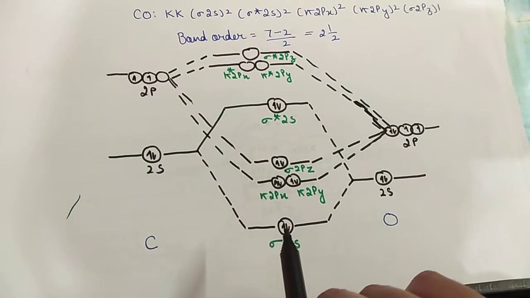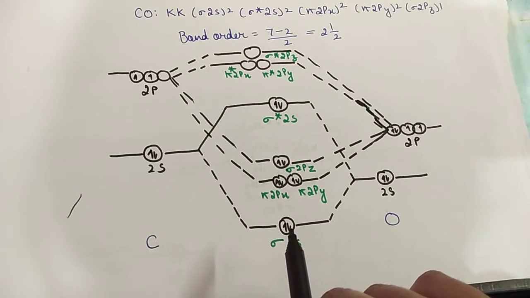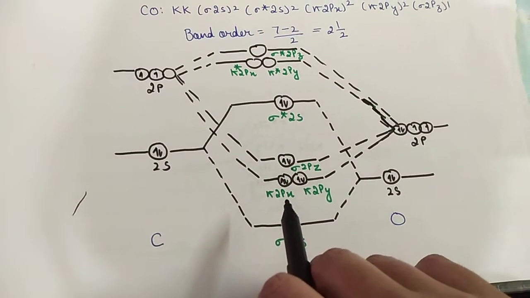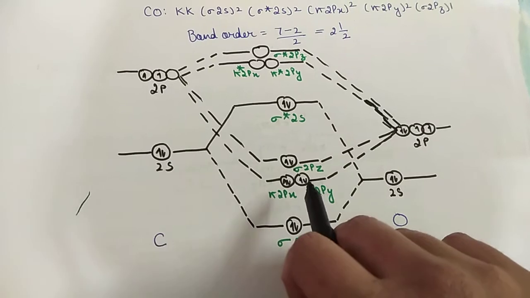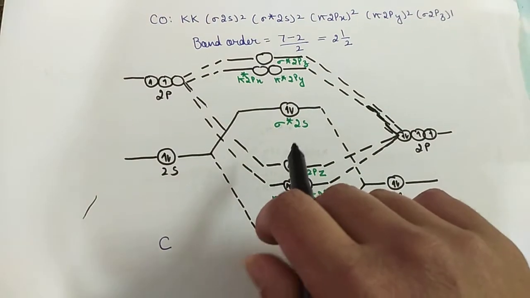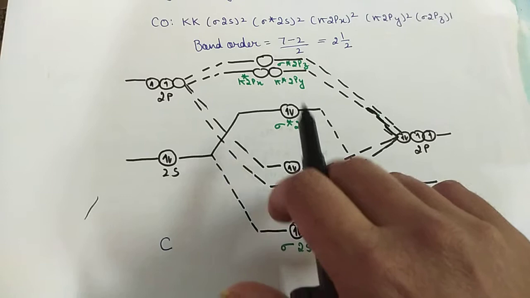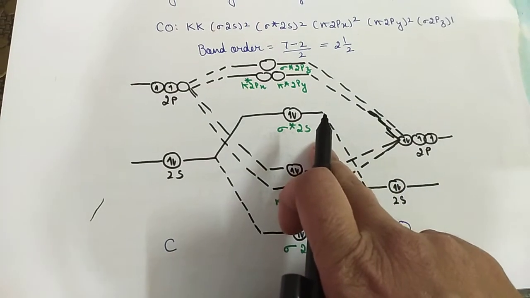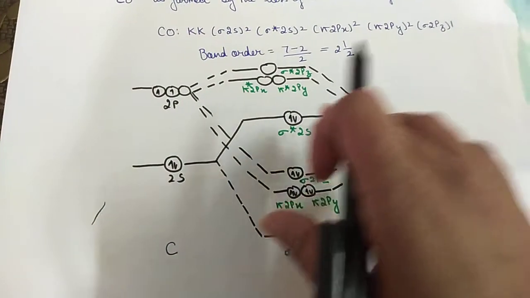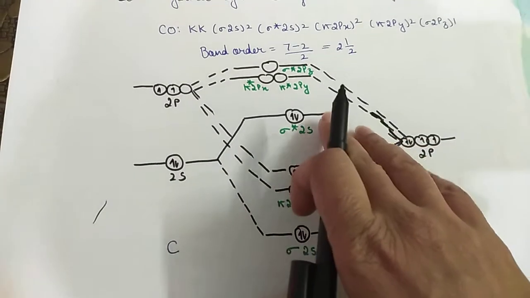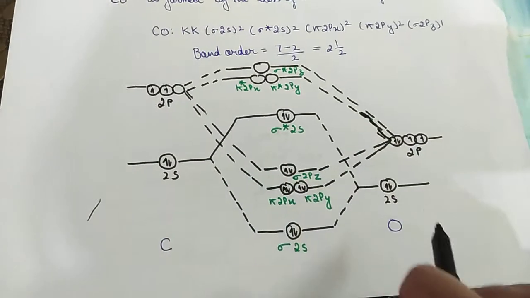So sigma 2s2 is there, then we have pi 2px, pi 2py2 and sigma 2pz, and this sigma star 2s2 is higher in energy when we draw the molecular orbital diagram.